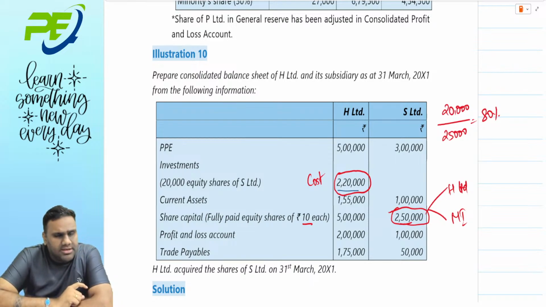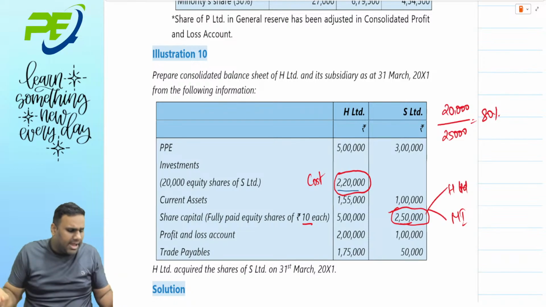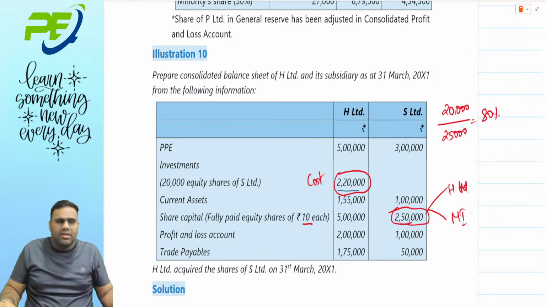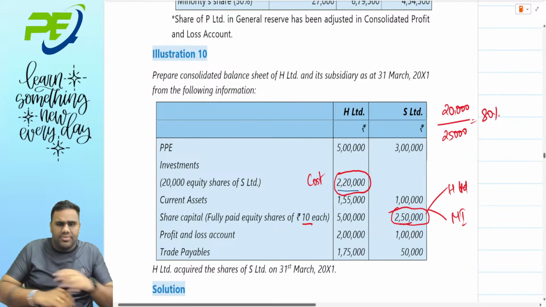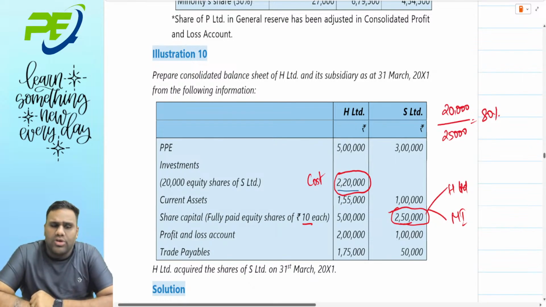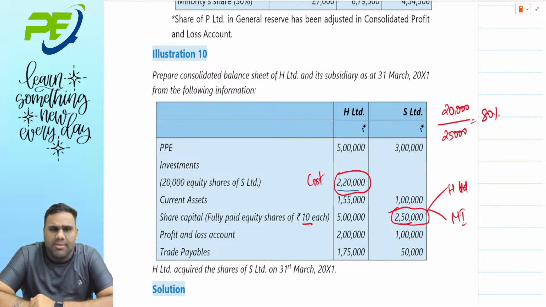Point number two: share capital will be only for holding company. Full stop.